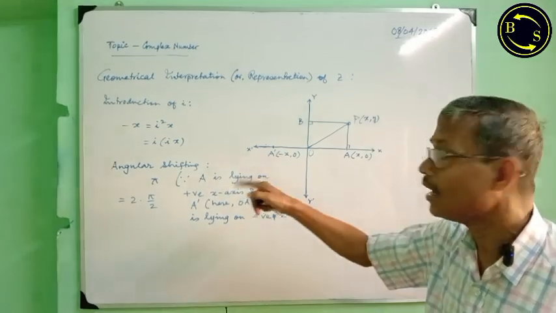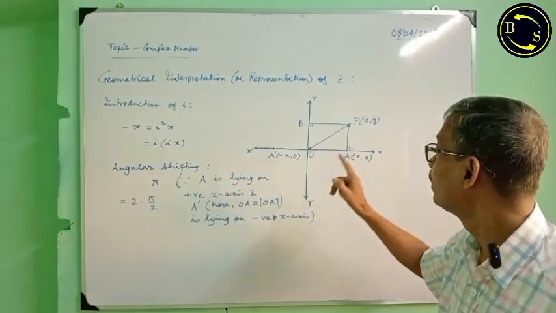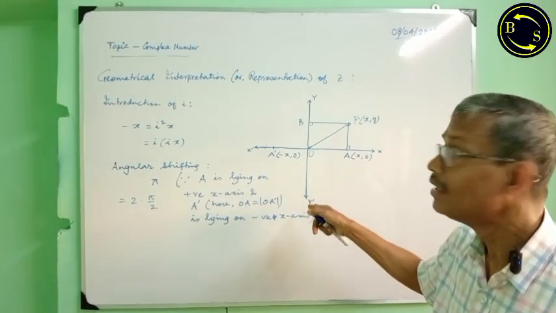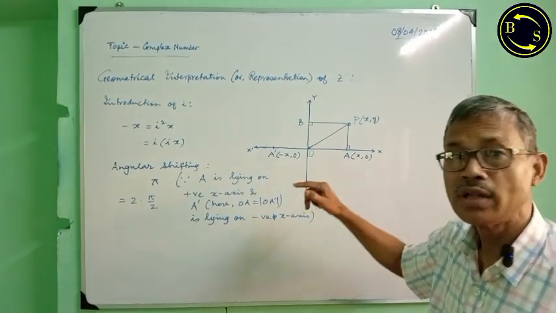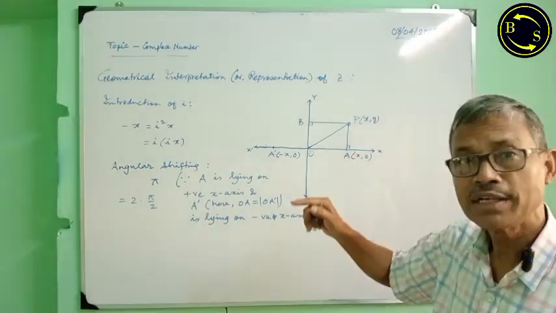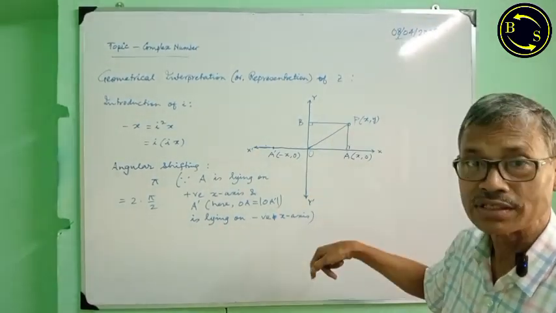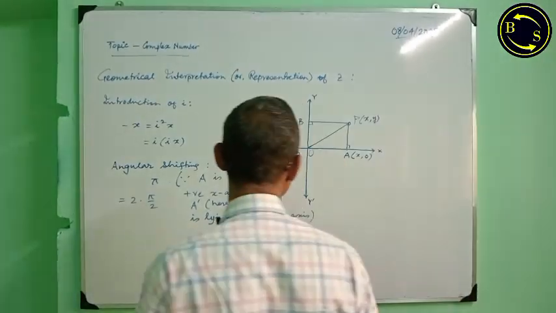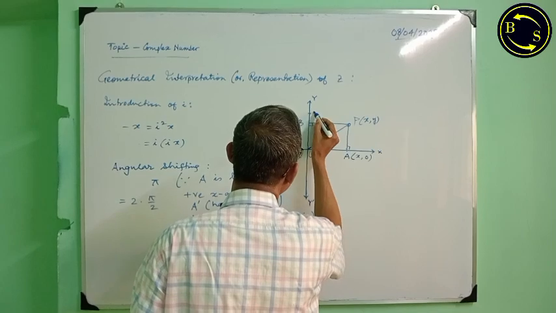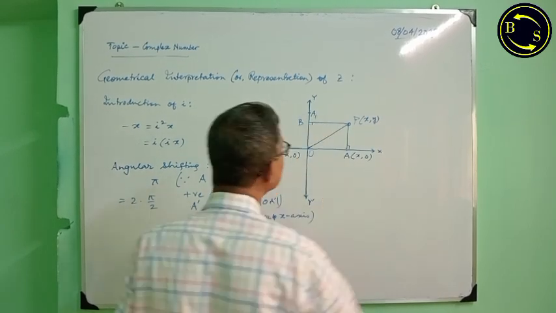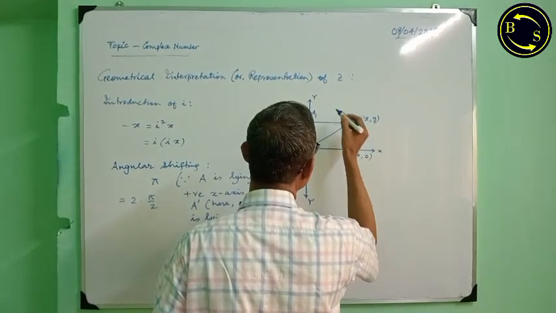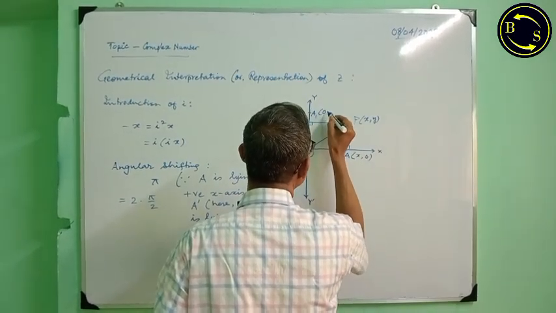If I apply i one time, then A will lie on the straight line so that the angular shifting is pi by 2. That means that point is lying on the y-axis. Let us call that point A1. It will have coordinates (0, y).